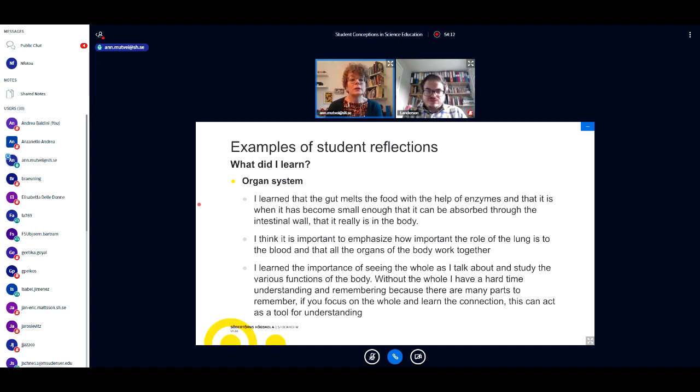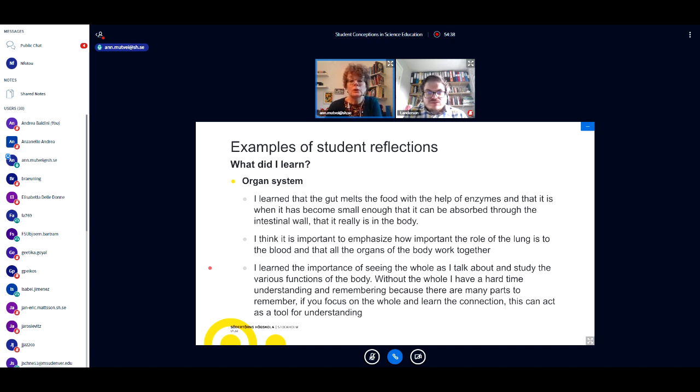And about organ systems: I learned that the gut melts the food with the help of enzymes, and that it is when it has become small enough that it can be absorbed through the intestinal wall that it really is in the body. I think it's important to emphasize how important the role of the lung is to the blood, and that all organs of the body work together.